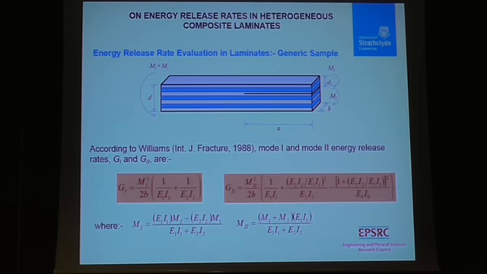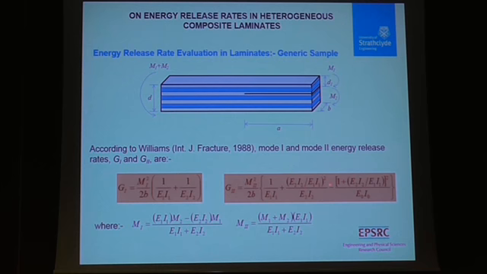So this is the kind of generic laminate sample that we're all used to, and what I've done now is I've taken my heterogeneous laminate and I've put a delamination into one of the compliant layers there. According to Gordon Williams' analysis, going back to 1988, the energy release rates for this material are given by these two expressions here.